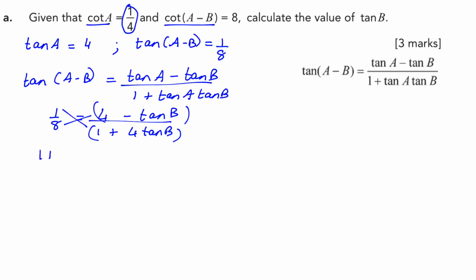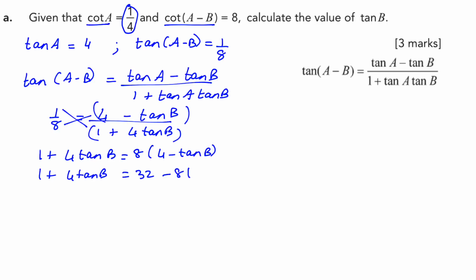1 multiplied by the whole thing is going to be the same thing. 4 minus tan B. Open the bracket up and you'll get 32 minus 8 tan B. Bring all the tan B's together.